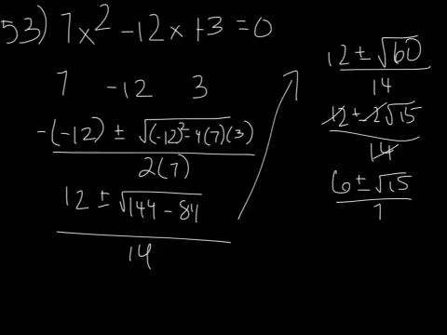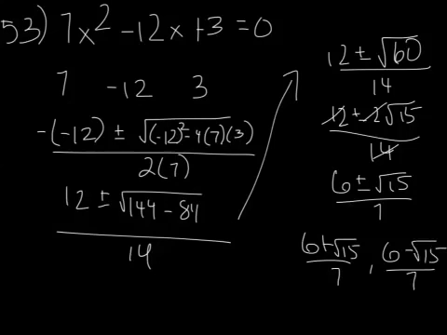Okay? Now that I have 6 plus or minus root 15 over 7, I have to determine what my question is actually asking. And the question has asked you to round to the nearest hundredth. For our purposes, since we are not using a calculator, I would accept this. If we were in fact using a calculator, you would write 6 plus root 15 over 7 and 6 minus root 15 divided by 7.